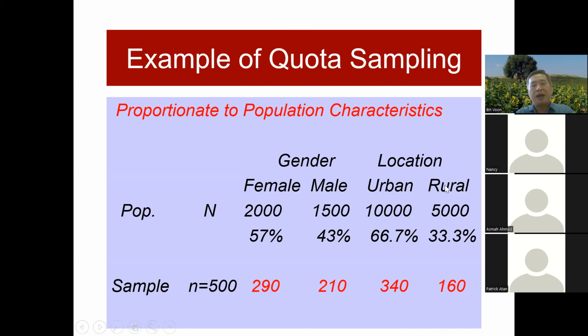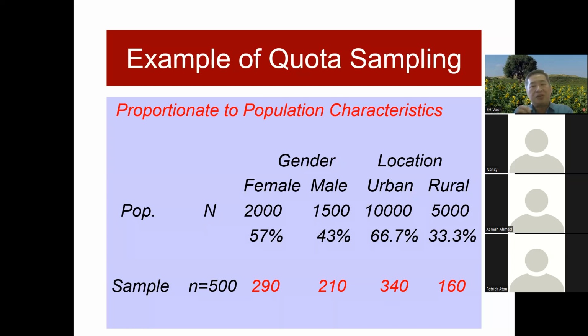And location, roughly how many of them are urban and so on. And then what is the percentage? From the percentage of the population, you will select accordingly. Let's say if you want 500, that means 57% must be female and 43% must be male. So you have these population characteristics and the ratio, and then you meet the quota.